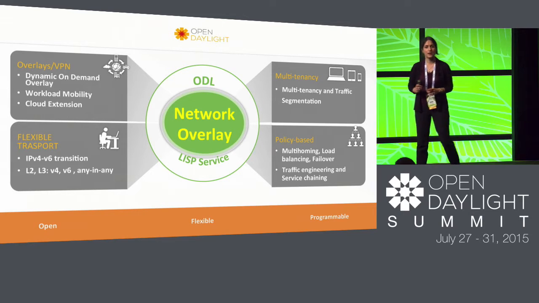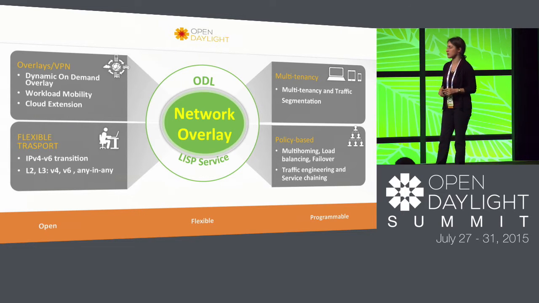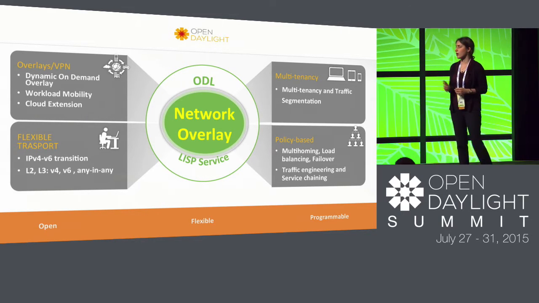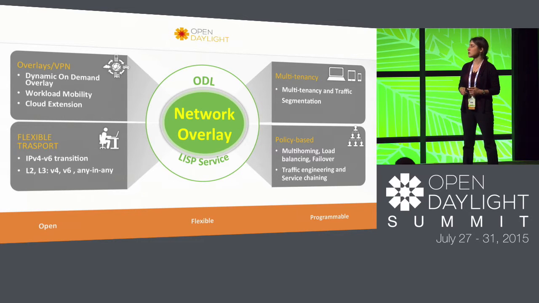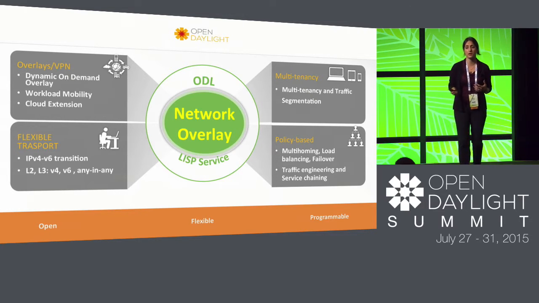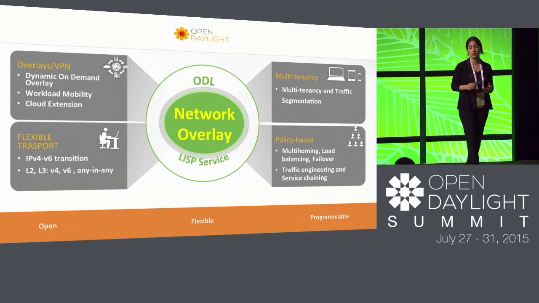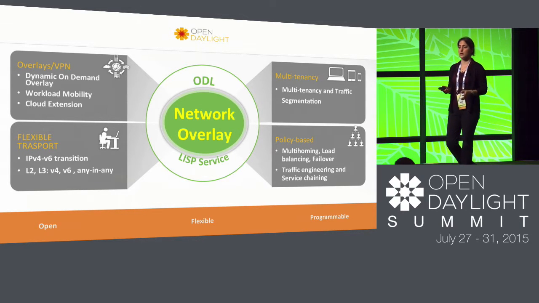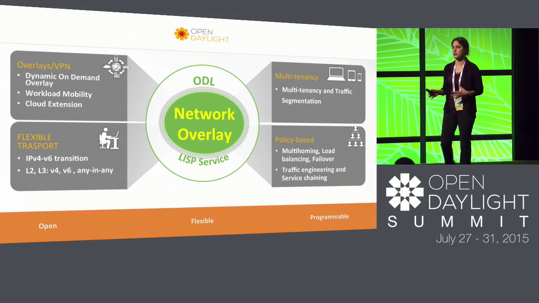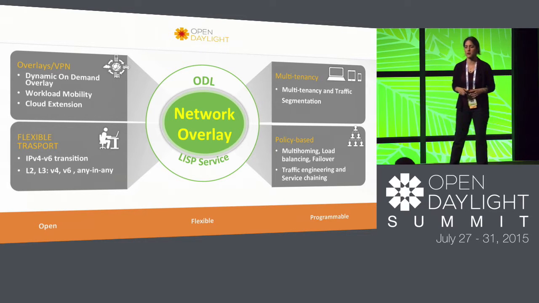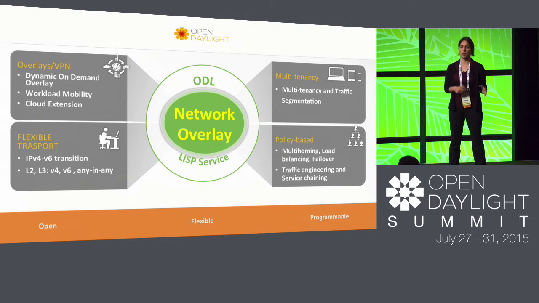And lastly, we talk about the policy-based use cases. We mentioned earlier multi-homing and load balancing. Also, failover scenarios. For instance, you can have multi-homing with active backup scenarios. If one interface or one routing locator fails, you can change the priority to the backup and still have connectivity.